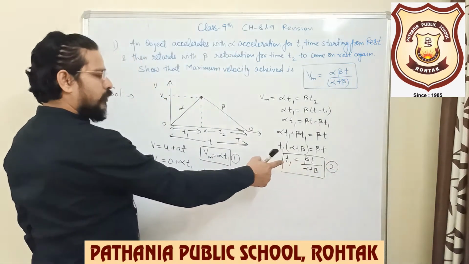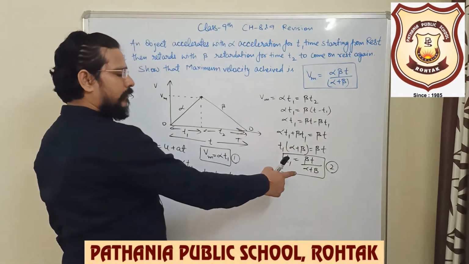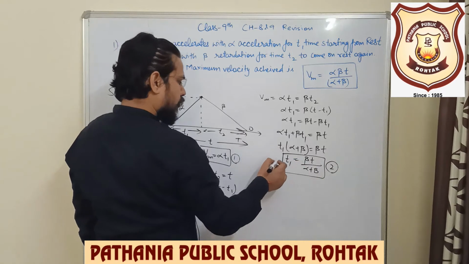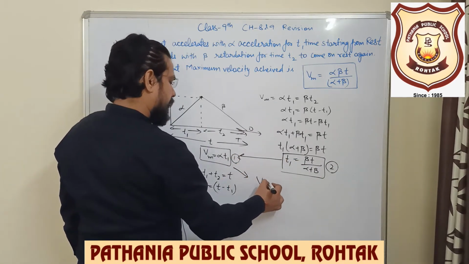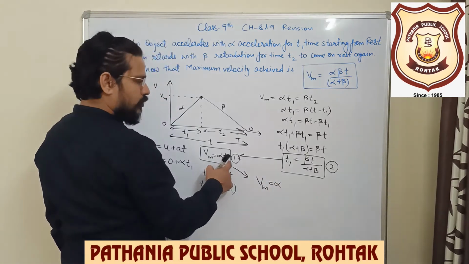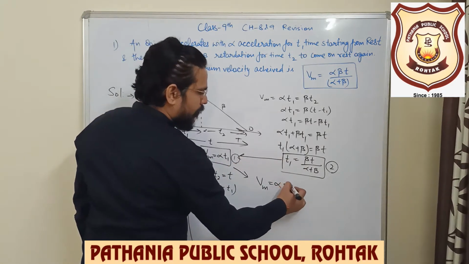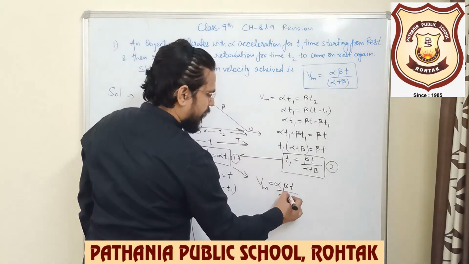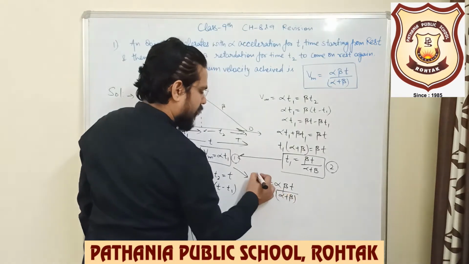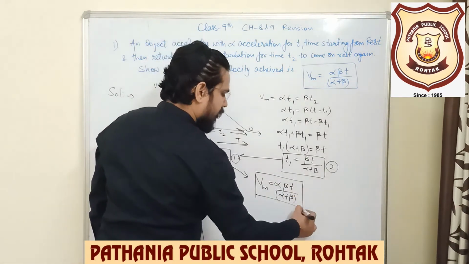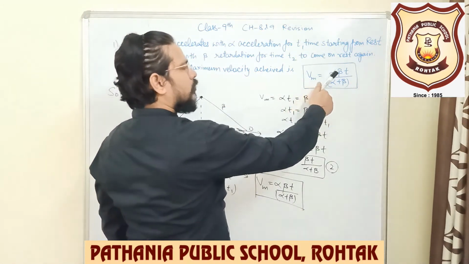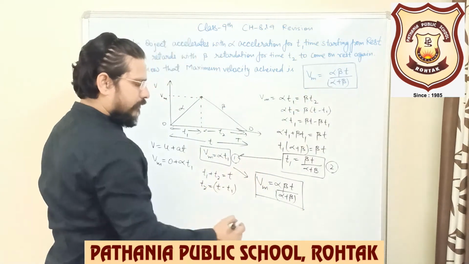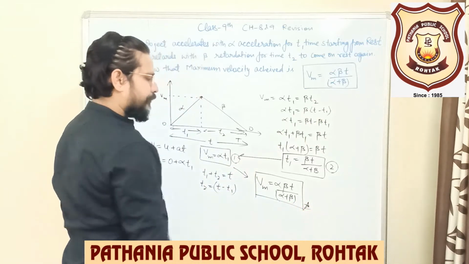Now putting the value of t1, beta t by alpha plus beta, from equation 2 into equation 1, I will get v max is equal to alpha into t1, and the value of t1 is beta t divided by alpha plus beta, which is the required relation to be proved, that v maximum is equal to alpha beta t divided by alpha plus beta.